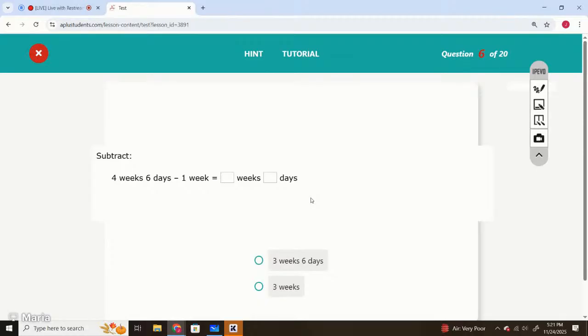So which is the correct option? That is 3 weeks, 6 days. Very good. Option number one is the correct option.